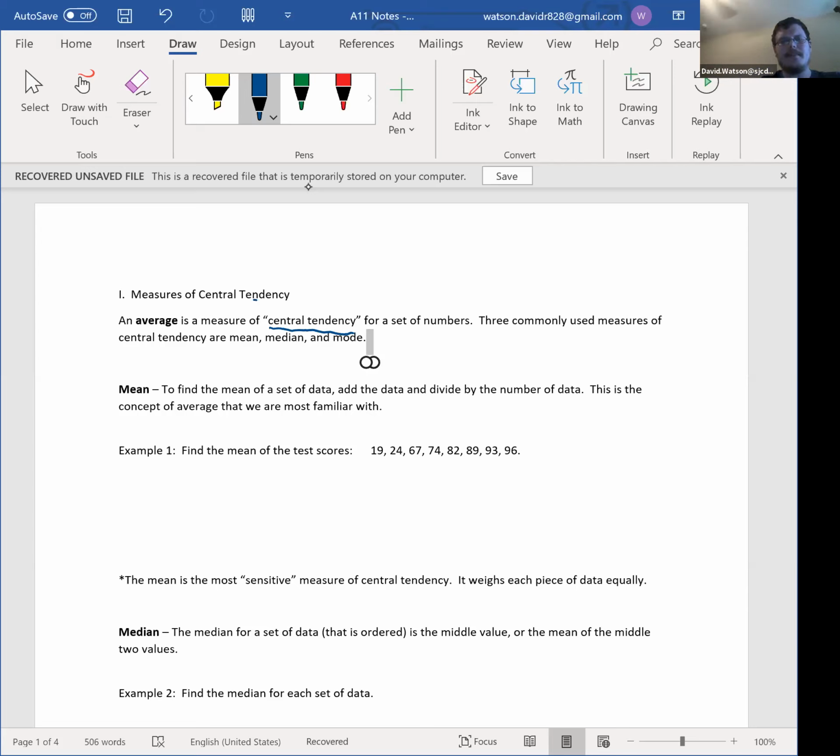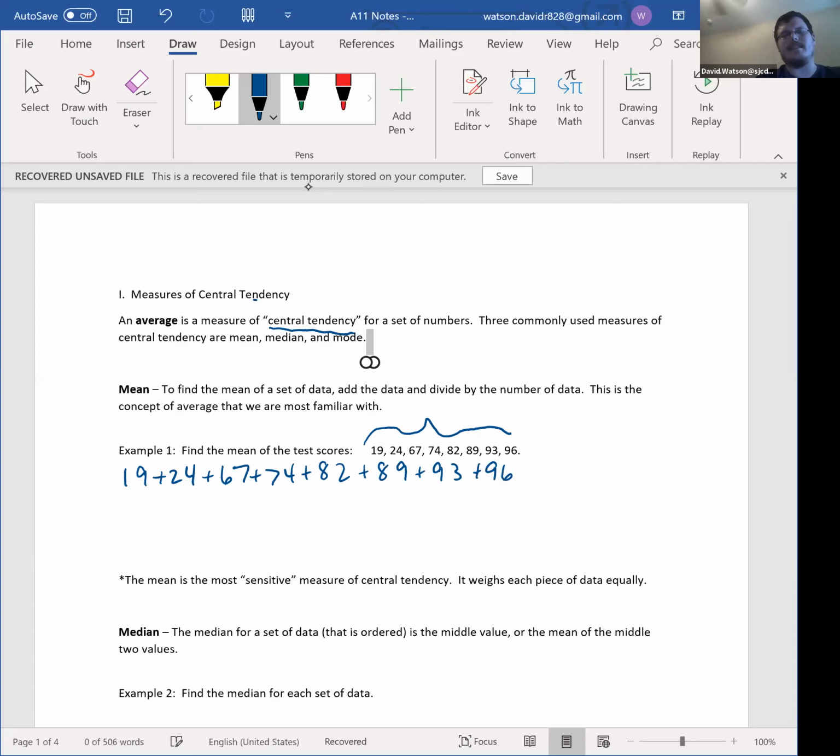If we have some test scores here and we want to find the mean, then all we do is first add them up. So we just do 19 plus 24 plus 67 plus 74 plus 82 plus 89 plus 93 plus 96.